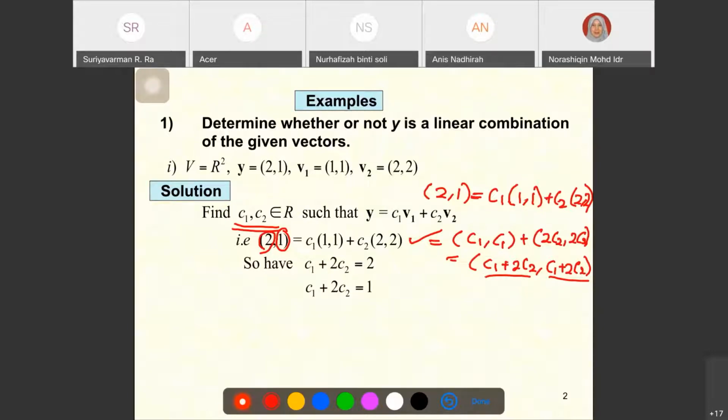That's right. So we need to solve it. We want to find the two C's. We have two equations, so it's easy to do that.